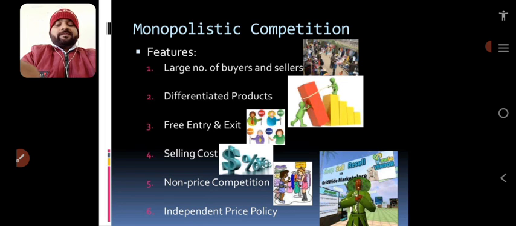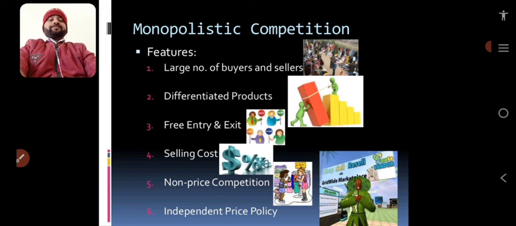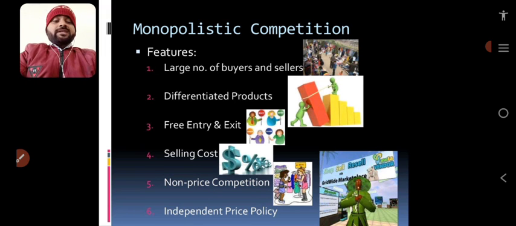Independent price policy. Demand curve: in monopolistic competition, a firm faces a downward sloping, elastic demand curve, as shown in the figures. It means one can sell more at a lower price and vice versa.